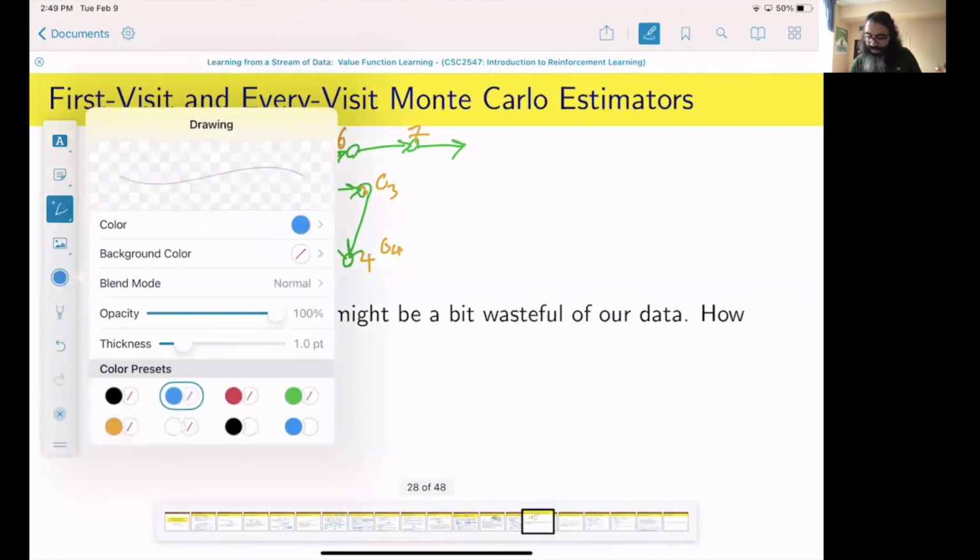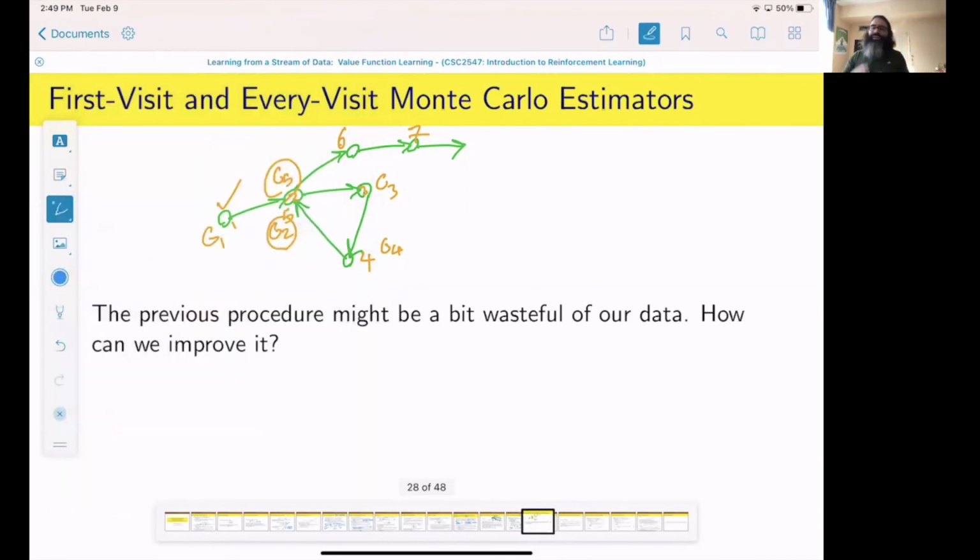The theory of these things is a bit more complicated. The problem with every visit is that, while it sounds potentially more efficient, the data points that we get can in some cases be dependent.